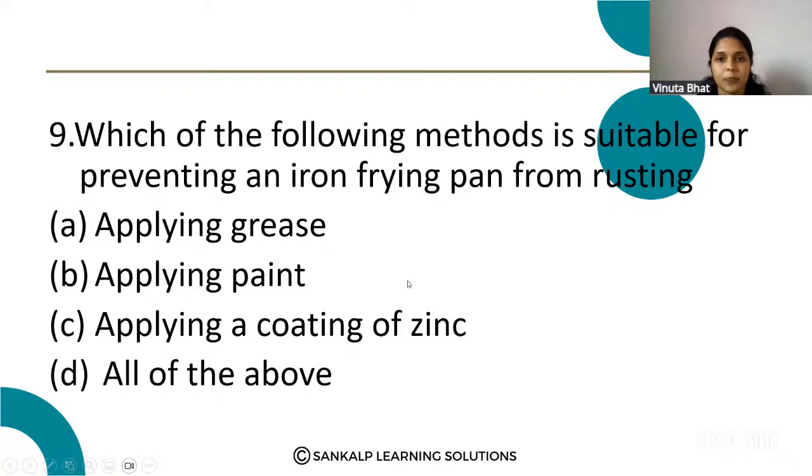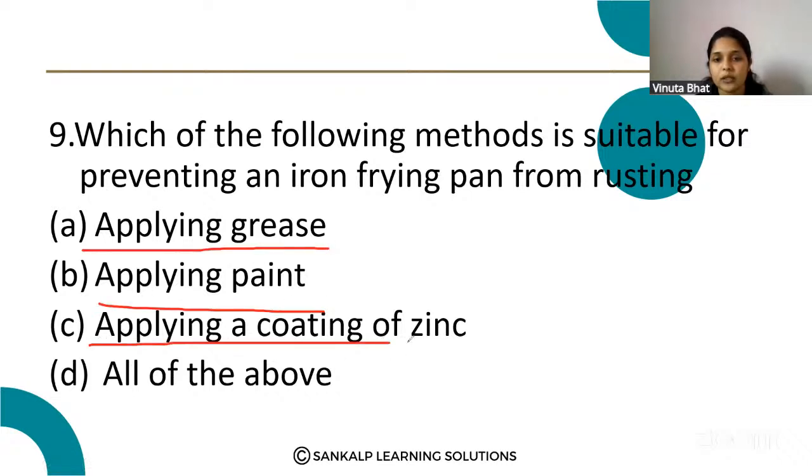Next question. Which of the following methods is suitable for preventing an iron frying pan from rusting? So we have to prevent the rusting. So which method will be useful here? Option A, applying grease. Option B, applying paint. Option C, applying a coating of zinc.